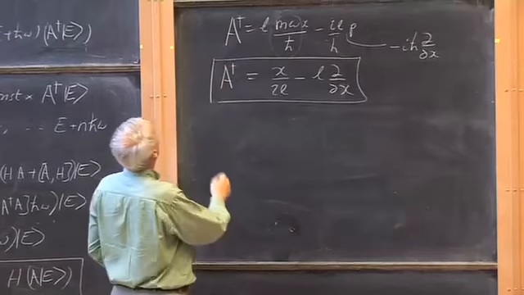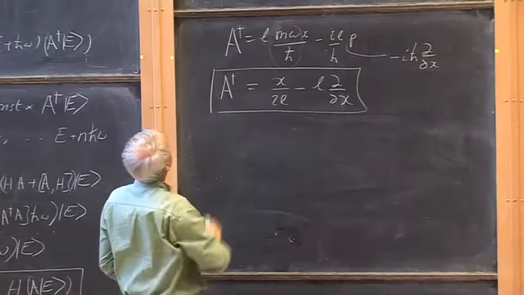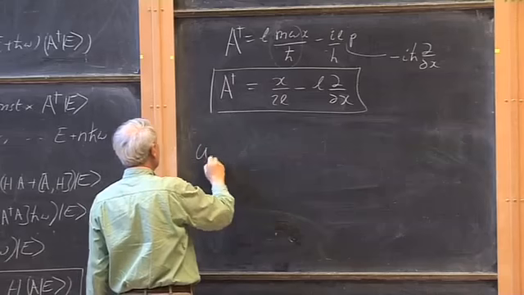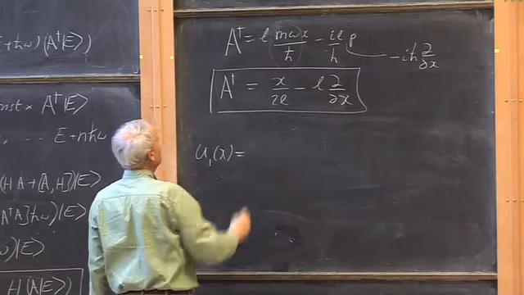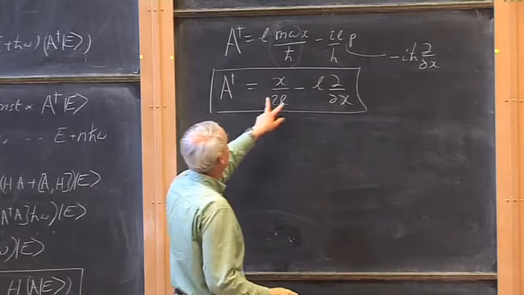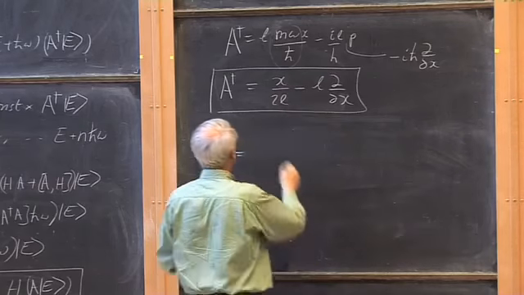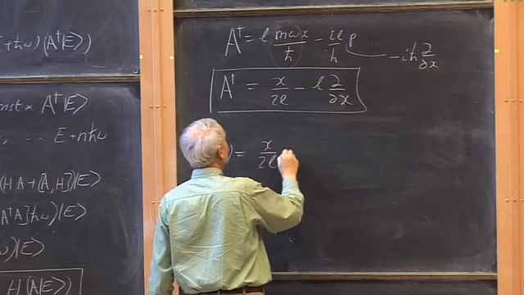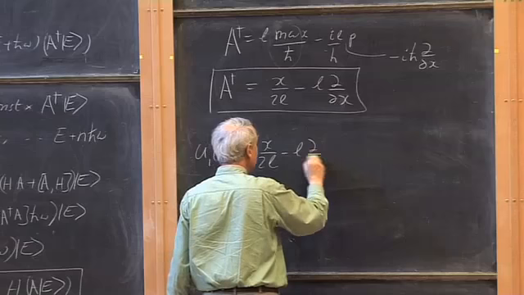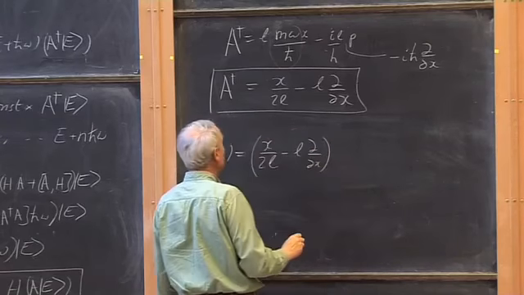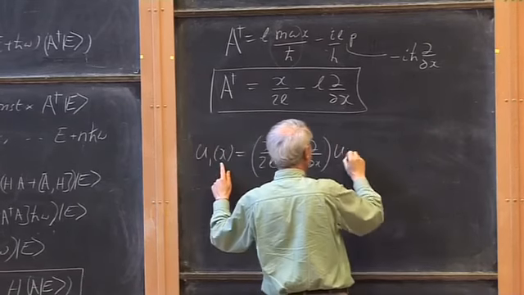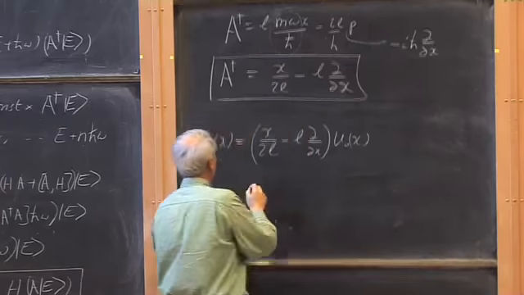Sorry, I shouldn't have written that complicated expression up there. It wasn't helpful. So u1 of x is equal to this baby, this animal, working on, what does it work on? It works on u0 of x. But what is u0 of x?